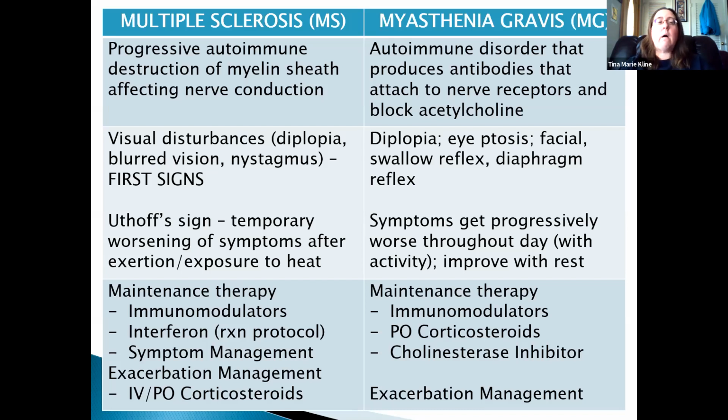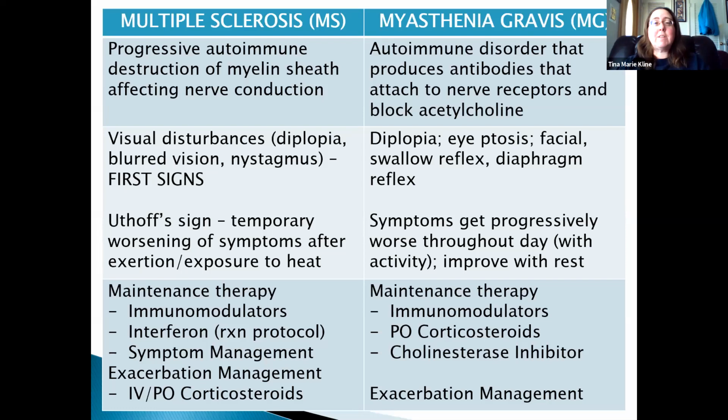Okay, so that's the main crux of MS in relation to this. Now we will talk about management for each of the body systems as we go on in this Zoom class, but I just wanted to hit the main points that were part of your pre-class prep. Now on the flip side, if you look at myasthenia gravis, there's a lot of things that it has in common with MS, but there are also some key differences.